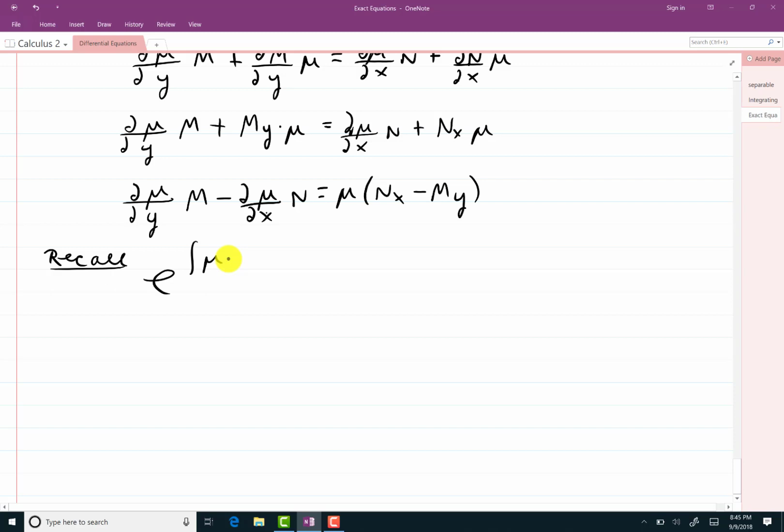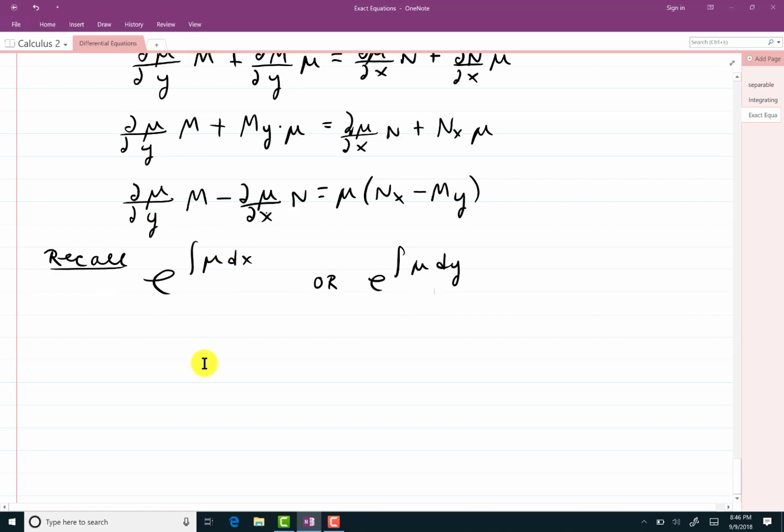Now the question is, can I integrate this mu if it's a function of multiple variables? Well, no, you're going to run into the same problems we had before. So I only want to use mu if it's a function of only x or a function of only y. If this occurs, then one of these two will be the thing that I multiply everything through by. This will be my integrating factor, in fact.